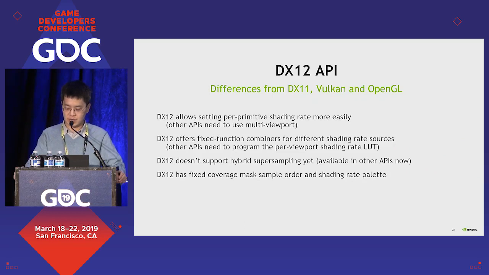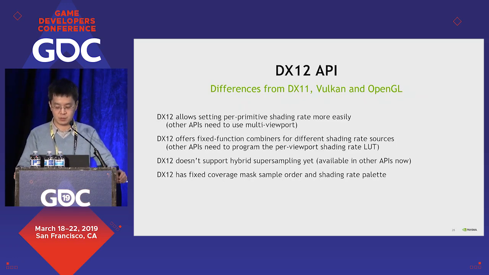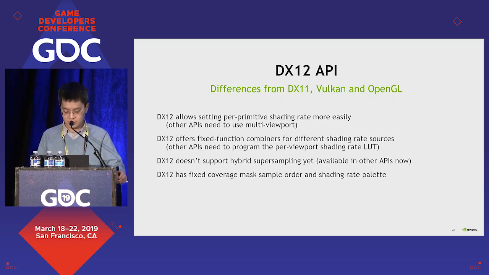Here, I'm summarizing some major differences between DX12 and other APIs. You can set per-primitive shading rate more easily in DX12. In other APIs, you can do it by using multiple viewports programmed to different shading rates, but it's not as straightforward as in DX12. The shading rate combiners are not directly available in other APIs, although you can program the per viewport shading lookup table to get the exact same behavior.